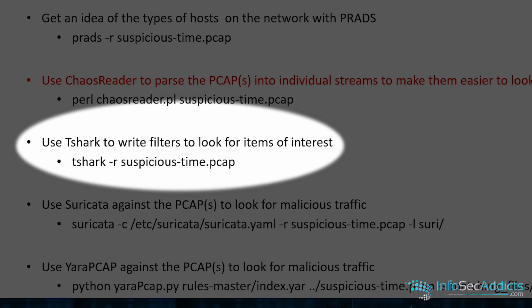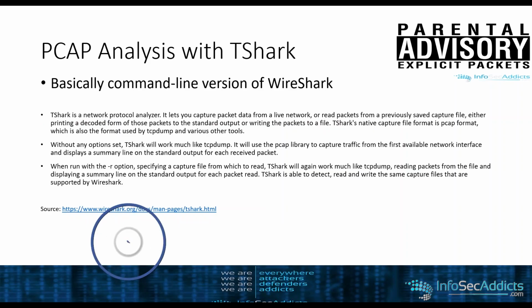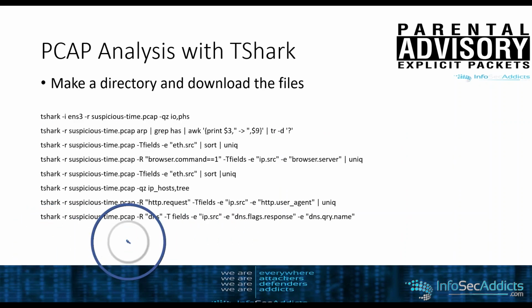And now we can take TShark and try to figure out the same thing as ChaosReader, or we can write some more comprehensive filters. So let's start with doing the same thing as ChaosReader with TShark, and then we'll also do some trickier filters. TShark is basically a command line version of Wireshark. Let's dive into it.